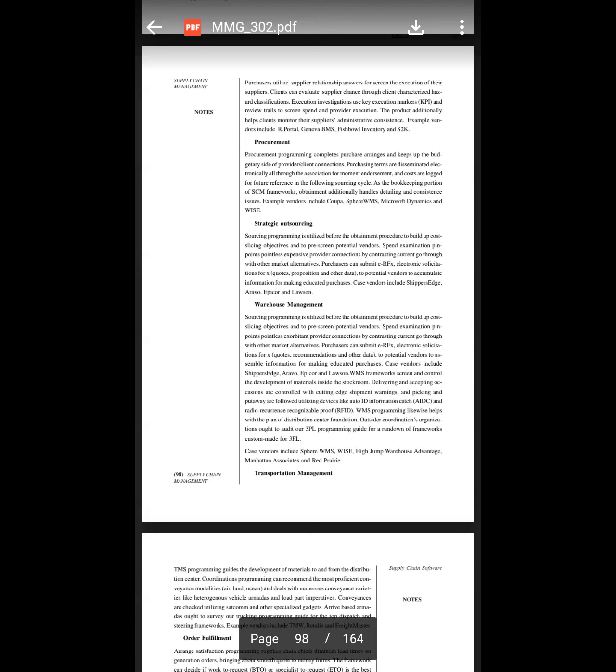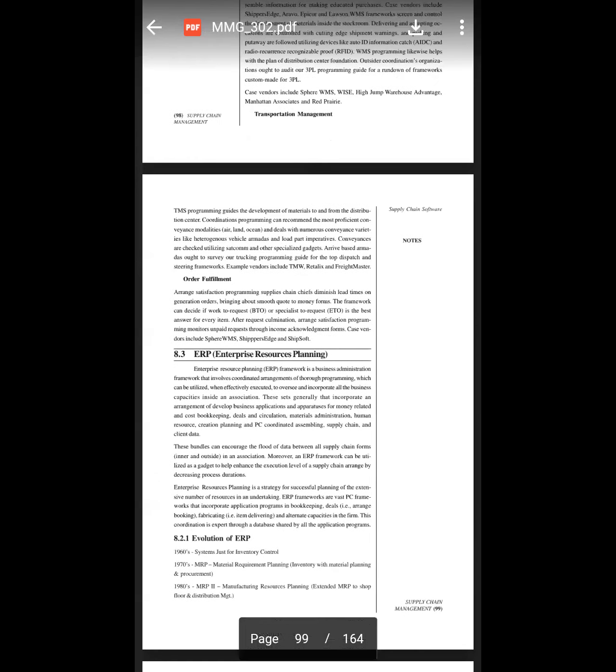Then transportation management. Definitely transportation plays an important role in each and every sector. Over here also, supply chain application software is very much important. Transportation management supply programming guides the movement of material to and from the distribution center.